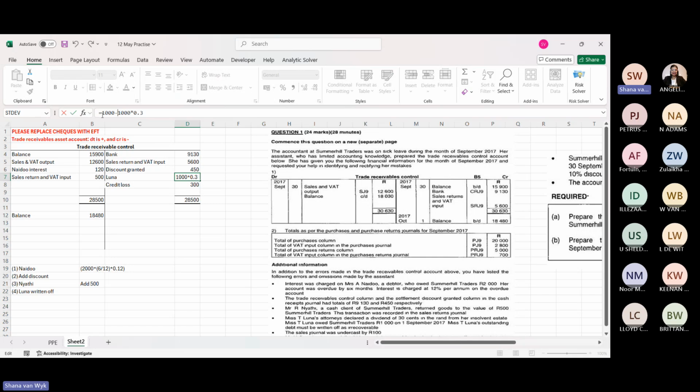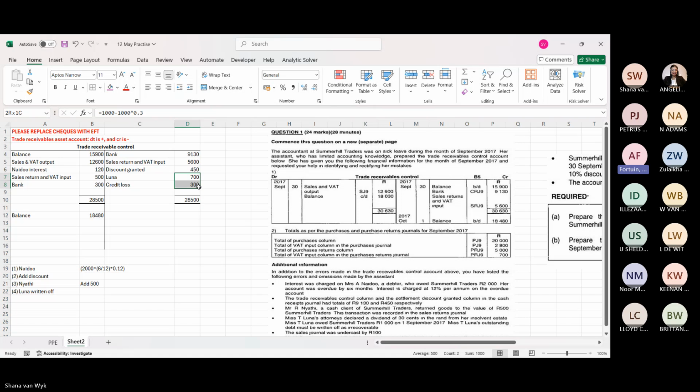Yeah, that's what I was thinking as well. So where do you want to put the 300? Isn't that bank? Yes. Okay, put it in bank. So it's going to be 300 that we got. But where's the bank on the side?